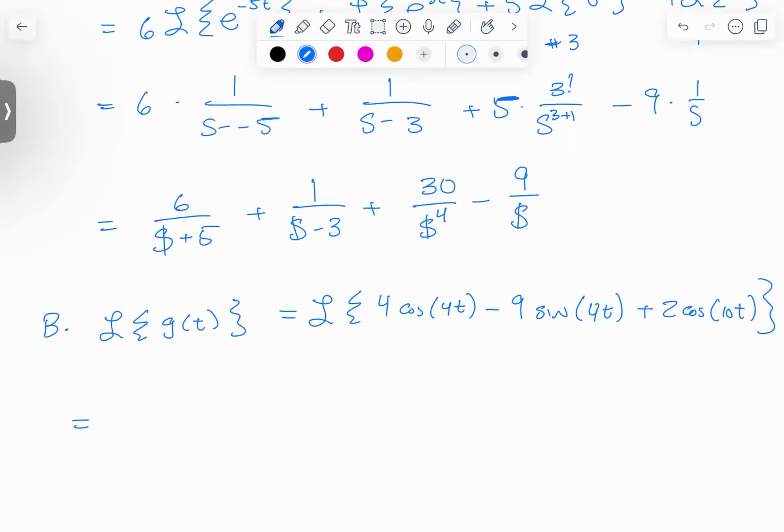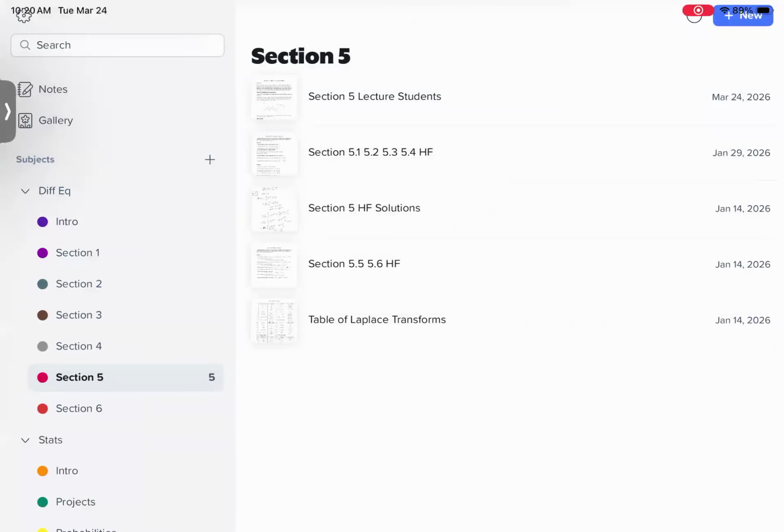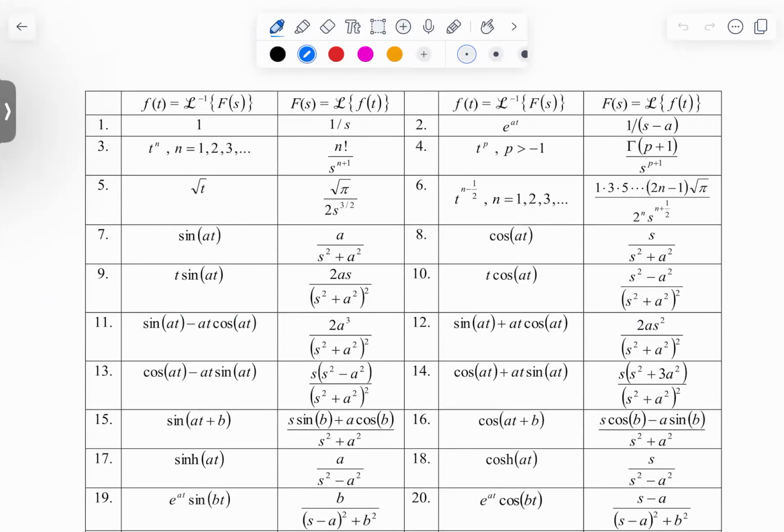All right, so cosines and sines are pretty close as well. With sine, it's a all over s squared plus a squared, and this one's just s all over s squared plus a squared.